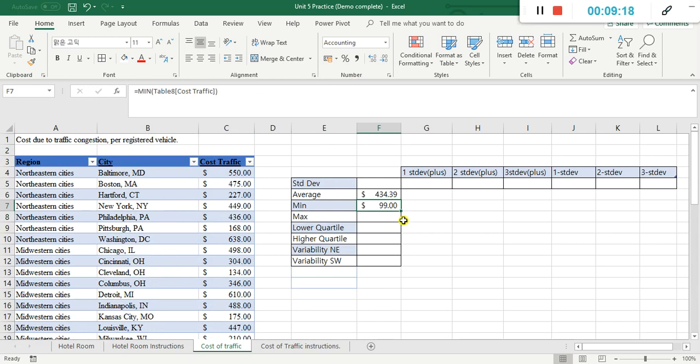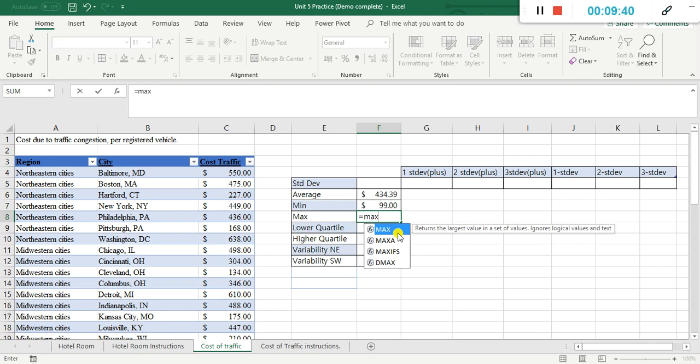It's up to you. You know how you work. Which one is the most efficient? I think it's most efficient to do all the calculations and then do the transformation to USD. But in this case we're going to do it this way because I am doing it step by step. So very good. Now we have the maximum value also. In this case, I'm going to do equals max.